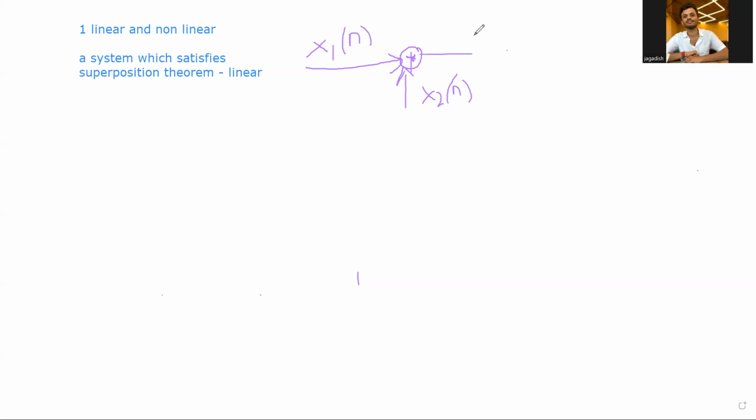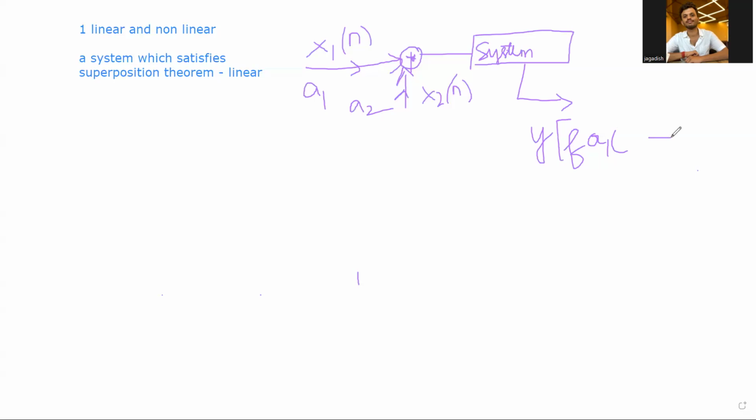This we will call a system, and this system will produce an output with arbitrary constants a1 and a2. The output y will be equivalent to f of a1 x1 of n plus a2 x2 of n. This will be your superposition theorem.